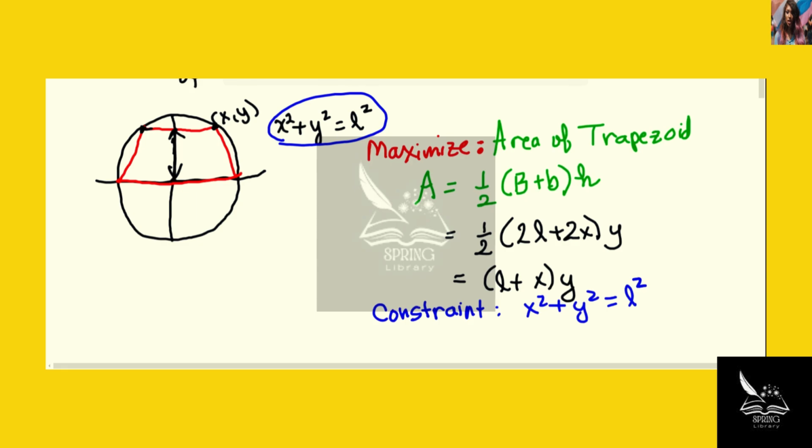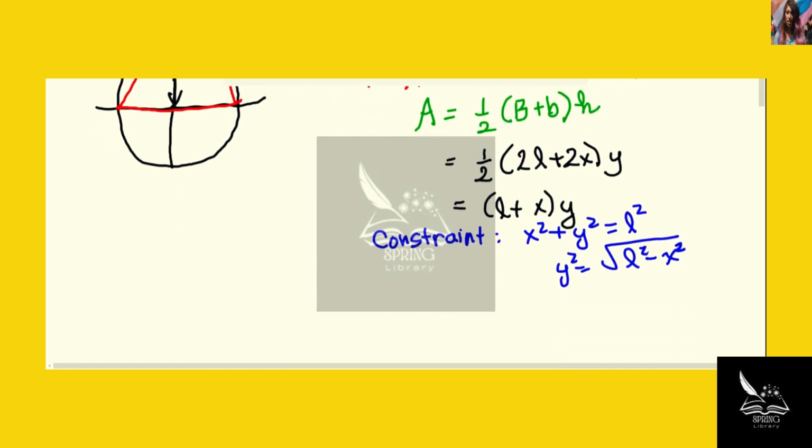I'm just going to solve for y. Same amount of difficulty to plug in is what I meant. So the area is L plus x times L squared minus x squared to the 1/2. Oops, I took the square root there.